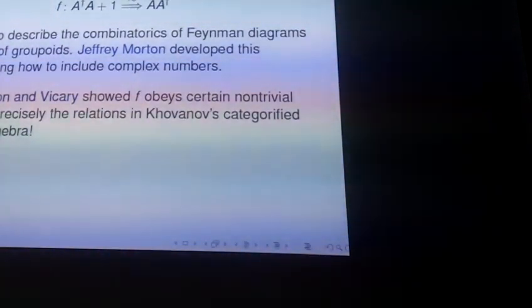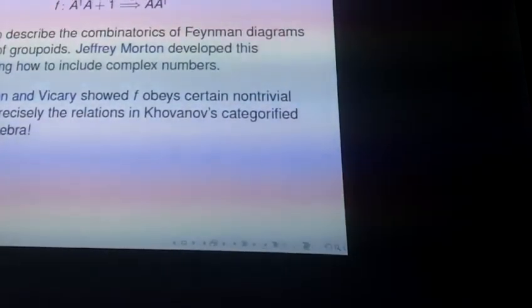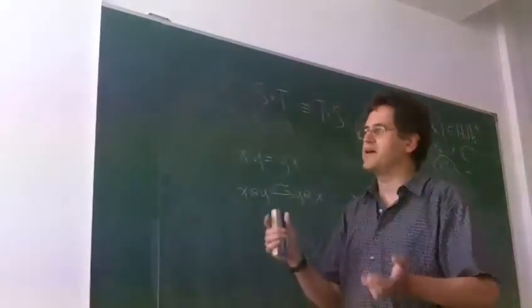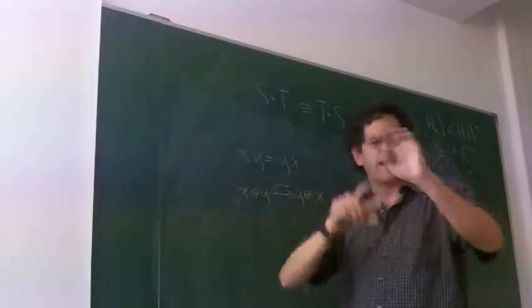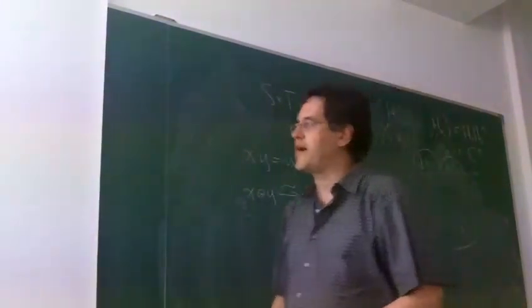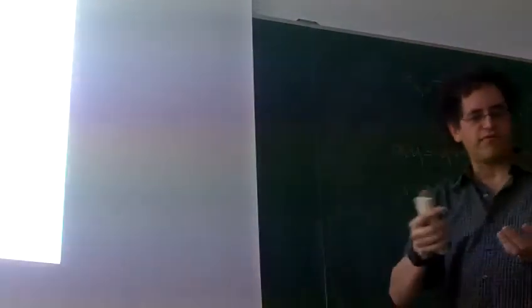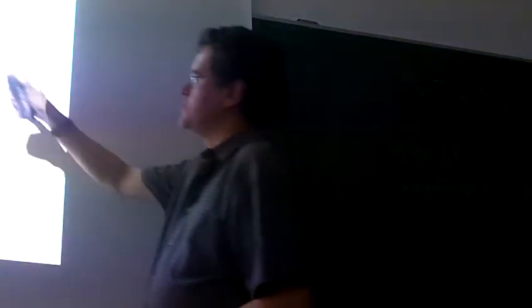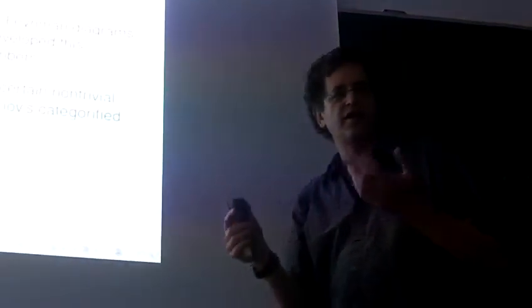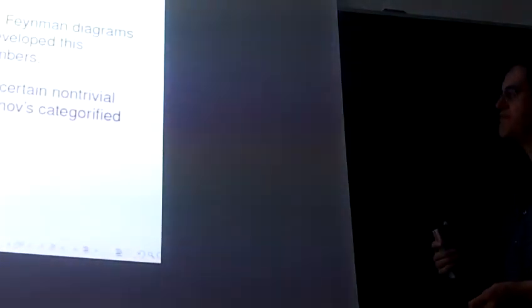Then once you know how to do that, you can do lots of other things people like to do in quantum mechanics. People like to describe interactions of particles in quantum mechanics using things called Feynman diagrams, and it turns out that a large part of that can be developed using spans of groupoids, and certain things actually become clearer.